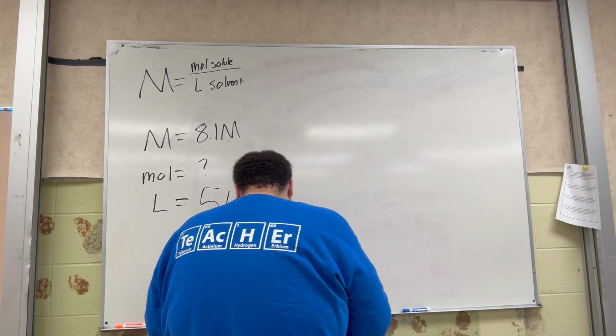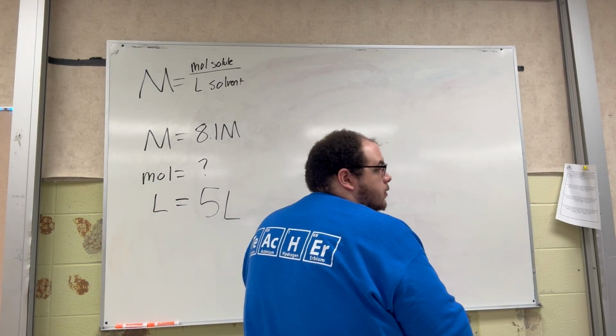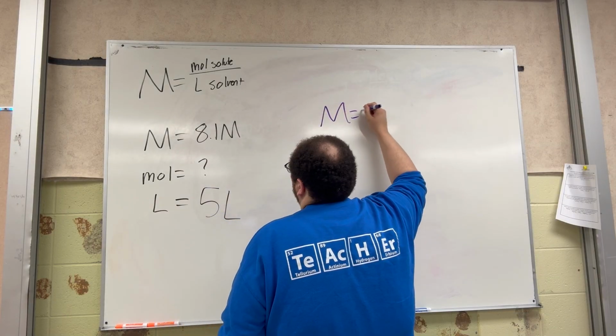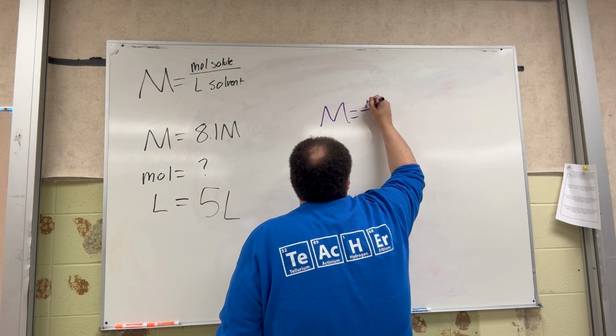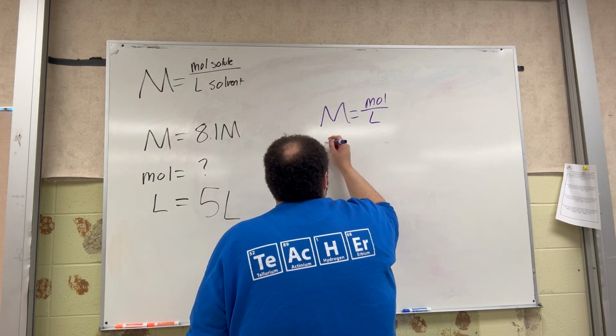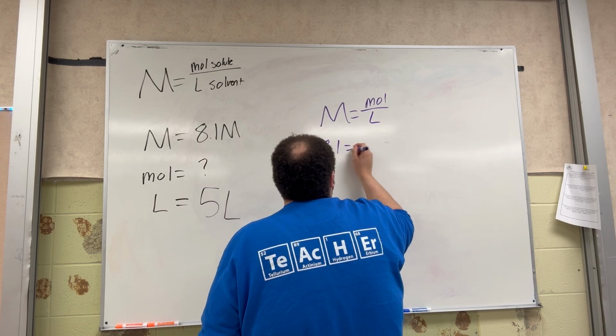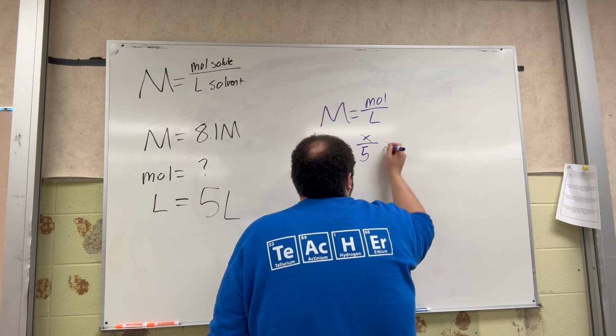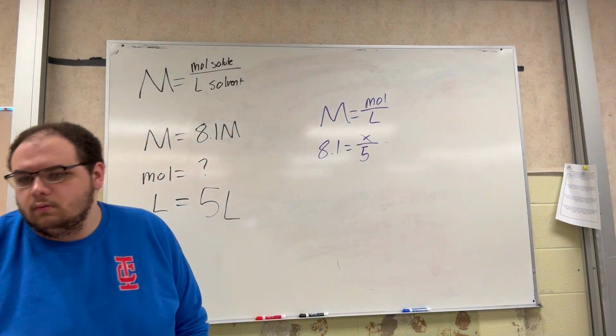It's very similar to what we just did. Always start with your formula, where we will have molar equals moles over liters. Plug in, we'll have 8.1 equals X over L. In our case, that's 5. How do I solve for X here?